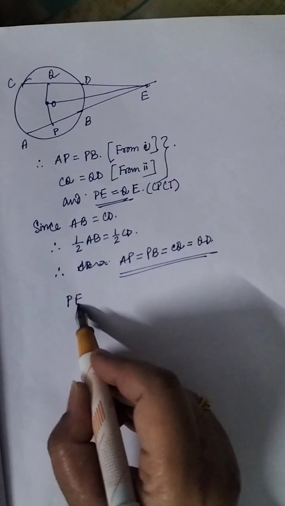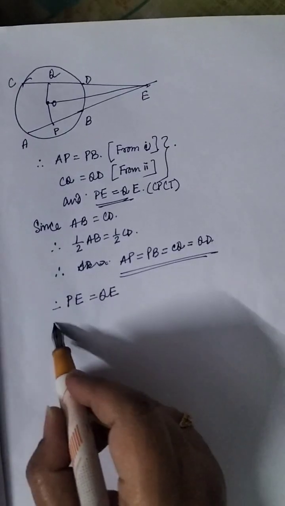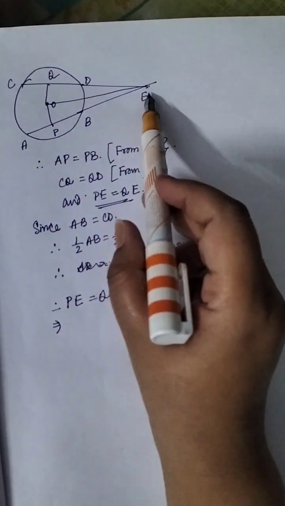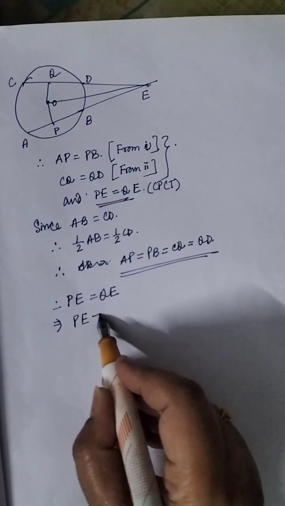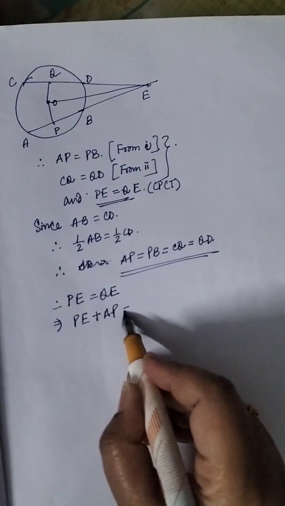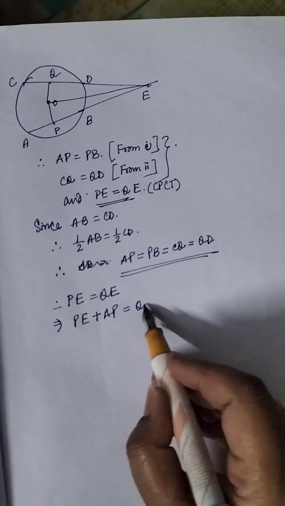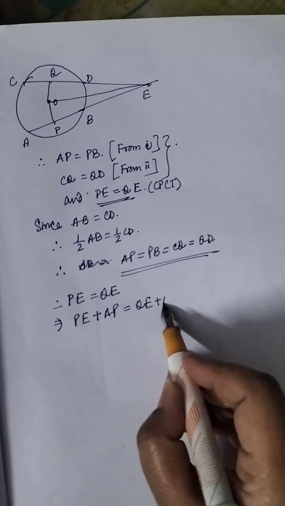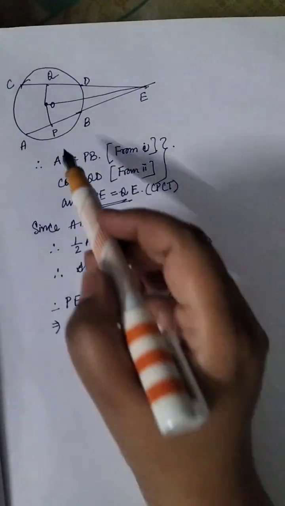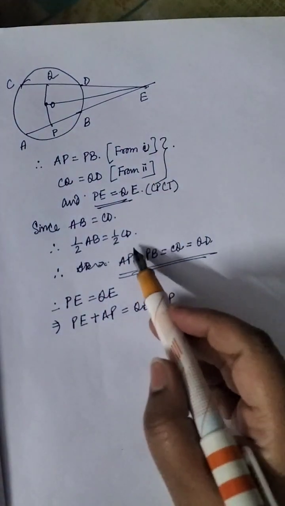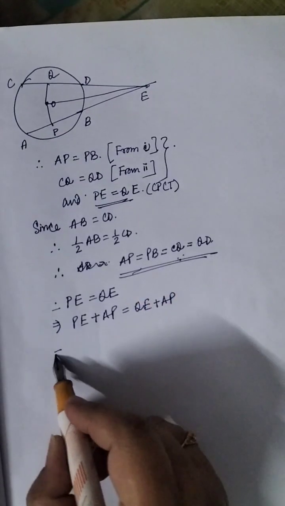Since PE equals QE, if with PE we add AP, PE plus AP, then this AP should be added to the other side also to maintain the equality: QE plus AP. Now AP can be replaced by CQ, right? Because AP and CQ are equal. All these segments are equal in measurement.